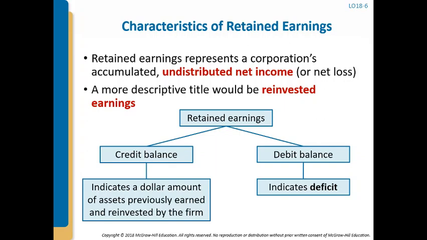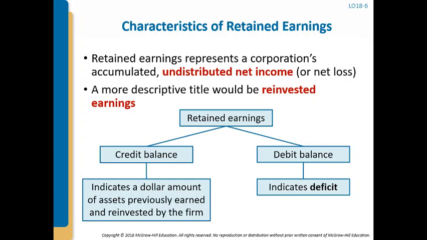Most companies have a credit balance in retained earnings, meaning it's a positive number. But some companies, because of prior losses in prior periods, have a credit, or excuse me, a debit balance.